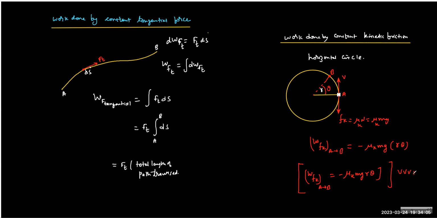So again, this is a very important answer that one should know. No need to think much. So whenever you're trying to write the work-energy theorem for an object moving on a path where the force is kinetic friction and it is tangential, no matter what path you choose, even if you come back to the same point, you will travel 2 pi r. If you make 2 revolutions, then 4 pi r, because it is the length of the path traversed.